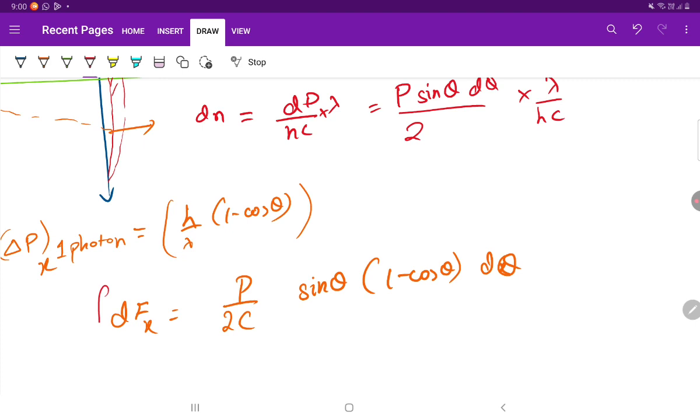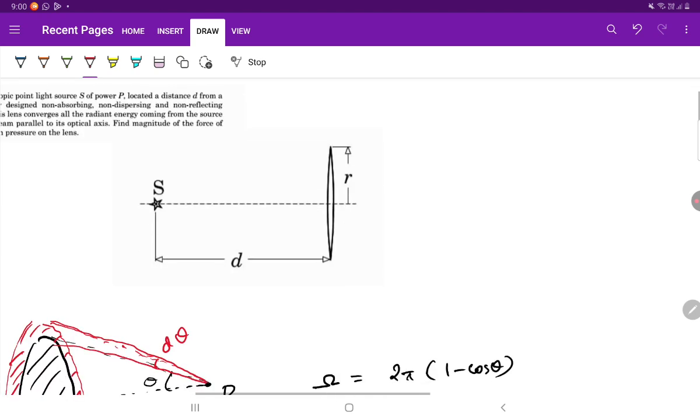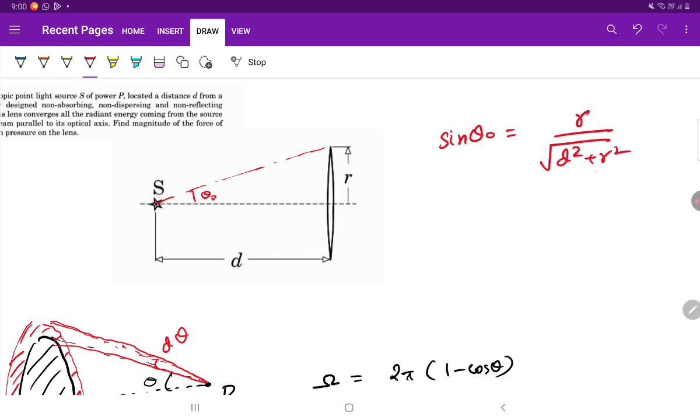My total force would be just the integral of this from 0 to theta naught, where theta naught is the angle between the tip of the lens, the end point of the lens, and the horizontal line. Hope you get it. Sin theta naught we can write as r by root of d squared plus r squared, and cos theta naught will be d by root of d squared plus r squared.